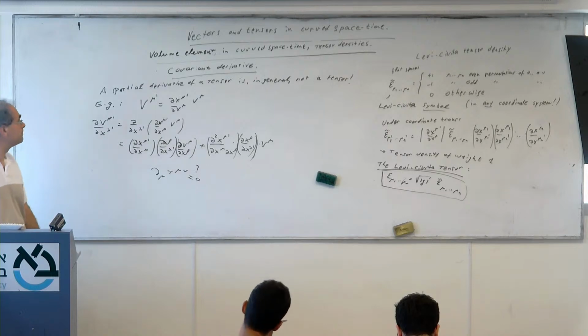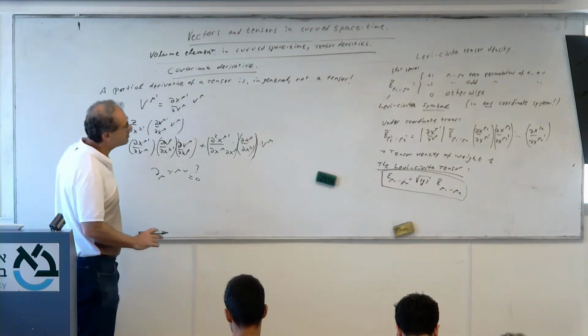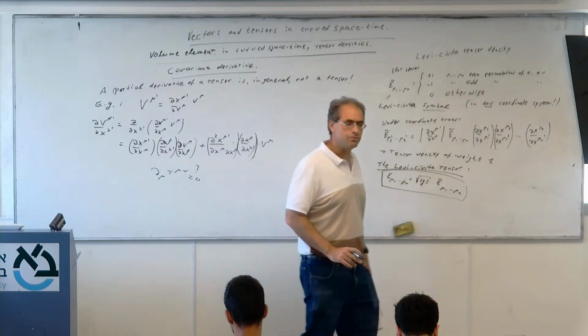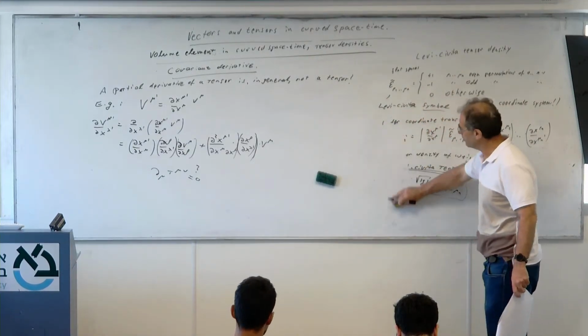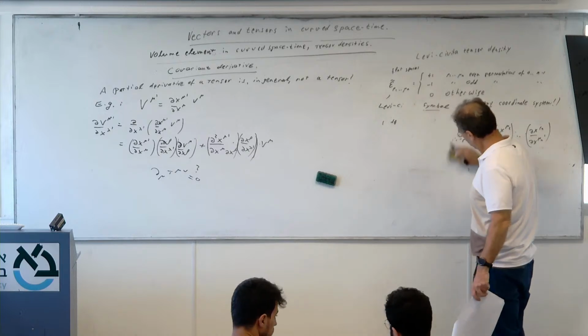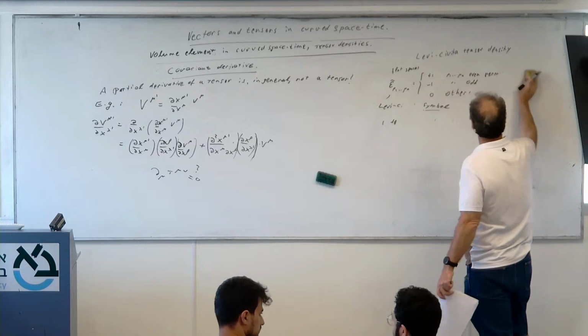That's what we're going to do in the next half an hour. It's going to be a little bit of algebra, but really it's just algebra, so don't get too excited by it. Just go very, very carefully at home over all the indices, and make sure that you didn't mess up any index.